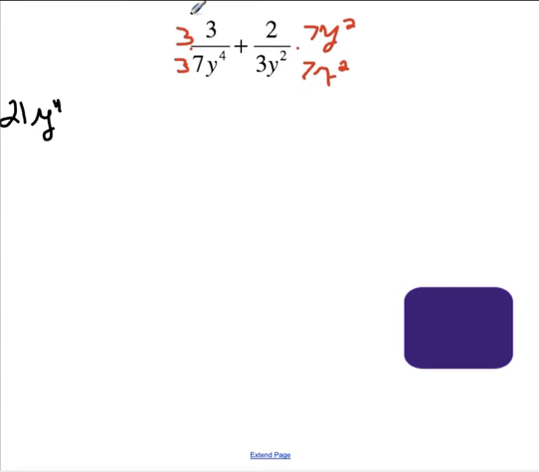And so, multiplying this side, I get 9 over 21y to the 4th. Plus, on this side, I get 14y squared over 21y to the 4th.